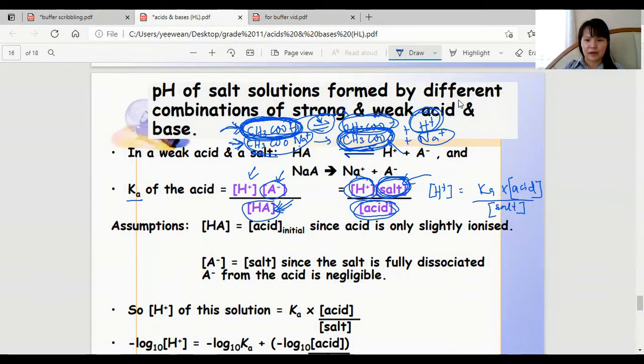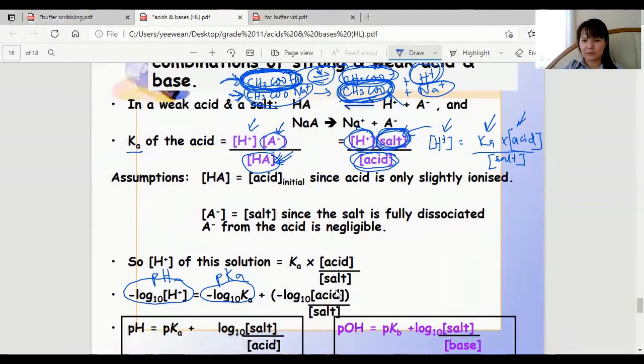Okay, if I take the negative log of all of this, it will turn into this equation. Negative log of H+ is pH, equals, since negative log Ka is pKa, plus negative log of acid over salt. So that came from here.